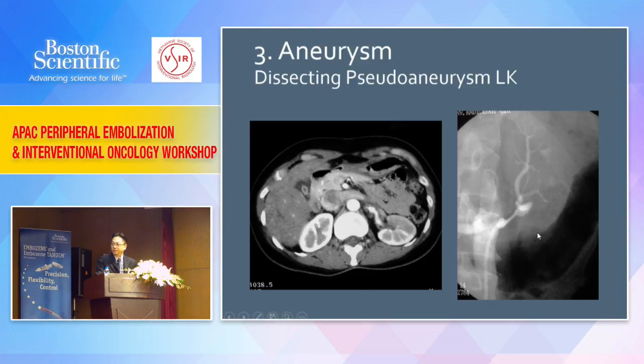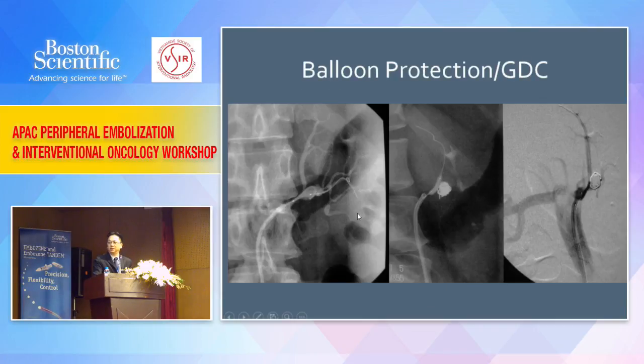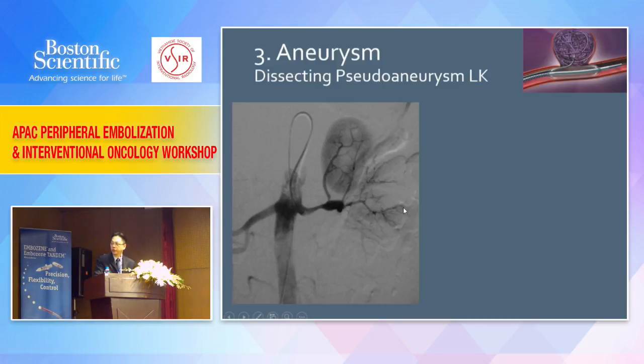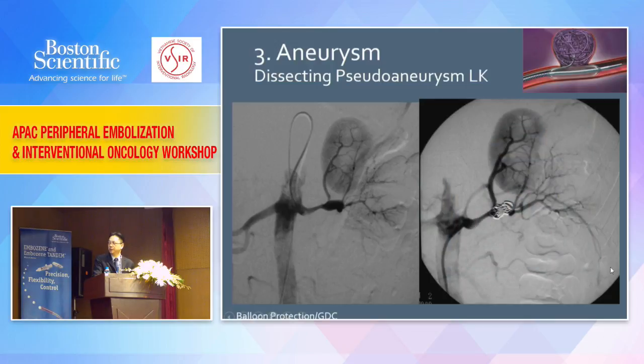Of course, nowadays we have many technologies. In those days we had no choice, but still with a balloon occlusion technique with GDC, we managed to control it. So this is where the detachable coil system comes in very handy. You really need the capability of controlling the coil for you to finish the packing. This is before, this is after.